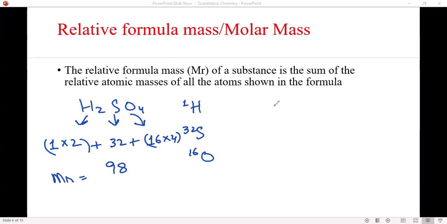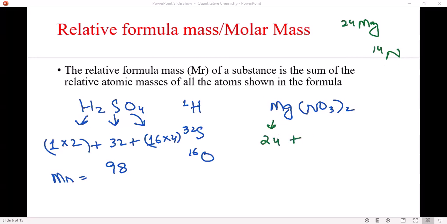Let's try a bit harder one, like magnesium nitrate. If I have to find its relative formula mass, I just open the periodic table. Magnesium Ar is 24. Nitrogen Ar is 14. So here I put 24. For nitrogen, this is 14, but this is 2 times nitrogen, so I multiply by 2. Oxygen is 16, and this is 6 times oxygen.